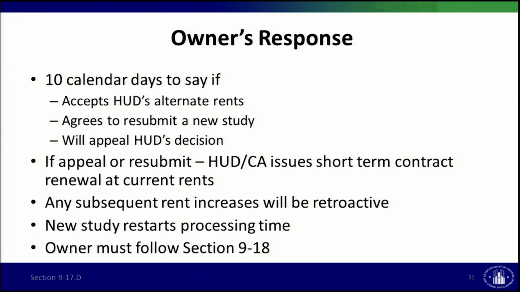Any substantive rent increase will be retroactive. Now, the new study restarts the processing time. The owner must follow the steps outlined in the next slides if they decide to appeal. There are 2 levels of appeal, first level and second.